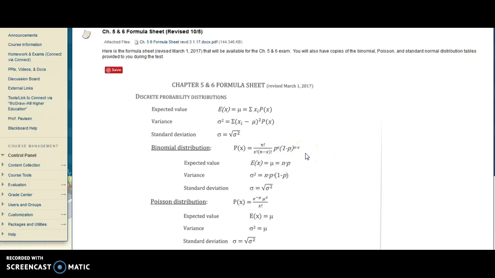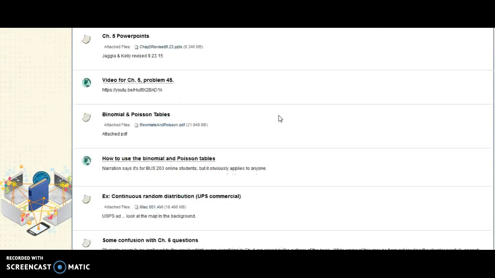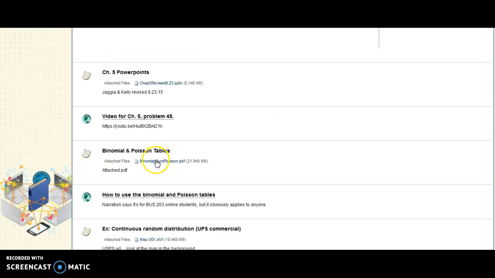The next set, where it says binomials, is section 5.4 of the Jaggia and Kelly book, the binomial distribution. They give you the formula indicated there, and also the expected value, or the mean, the variance, and again the standard deviation, which is just the square root of the variance. What I give you in addition to this formula is very important. If you scroll down, you'll see binomial and Poisson tables.